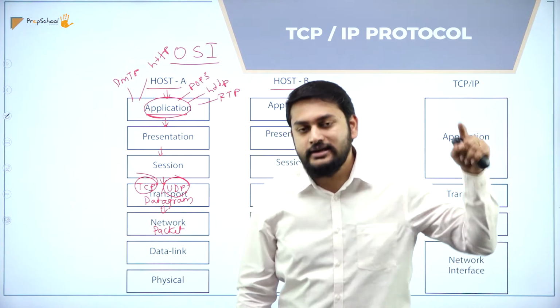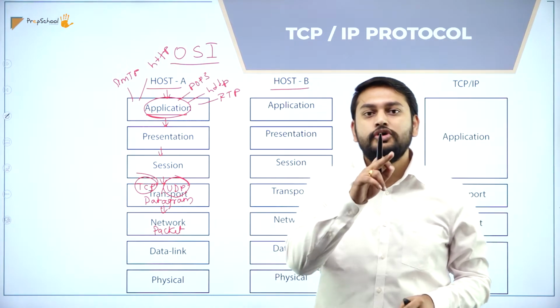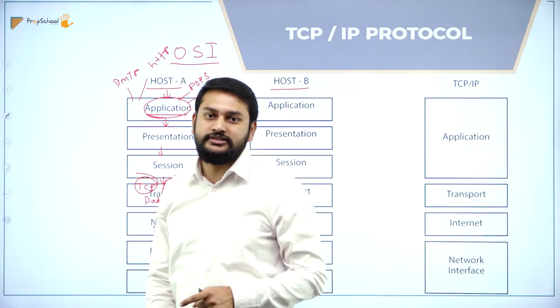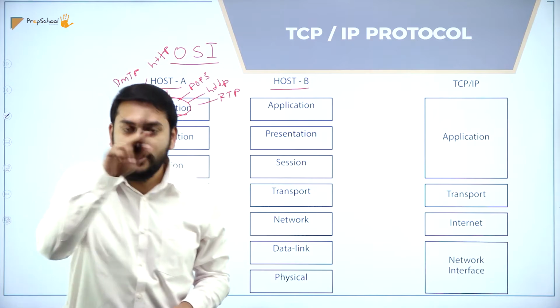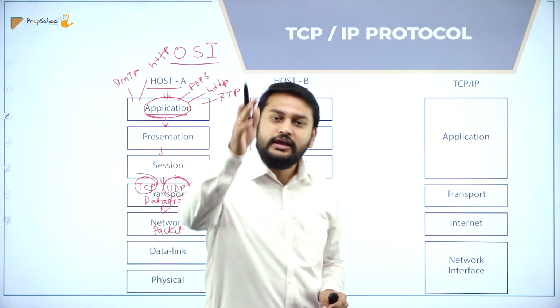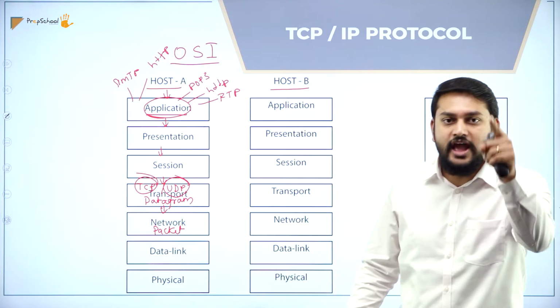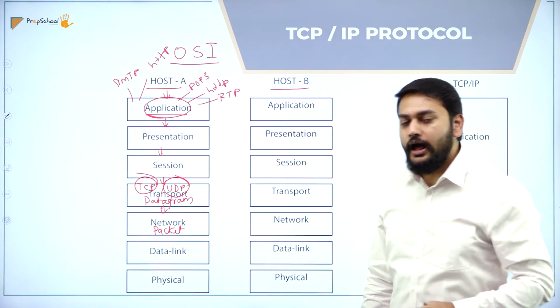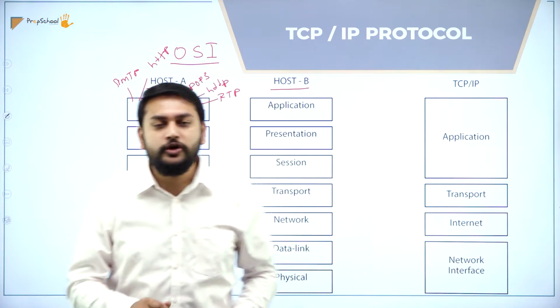That header contains the information about the source IP address and the destination IP address. I will mention the source IP address as well as the destination IP address in the header of each and every packet that I am sending. So fine, I'm done with the packets in the network layer.